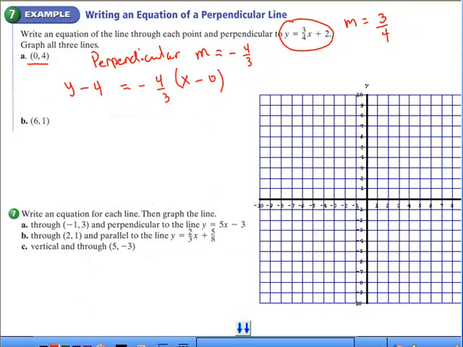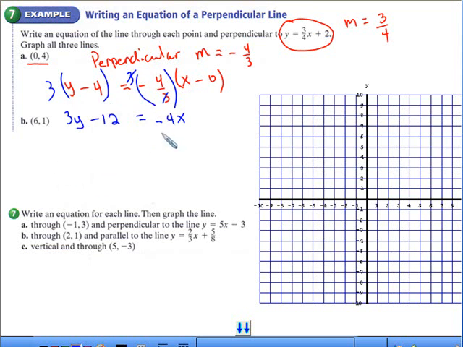Now we're going to multiply both sides by 3 to get rid of the fraction. So we get 3y minus 12 is equal to, x minus 0 is just x, so we get negative 4x. Since x is negative, let's move it to the other side.